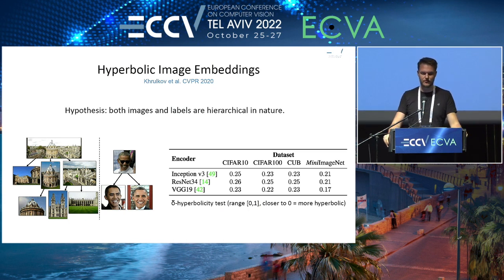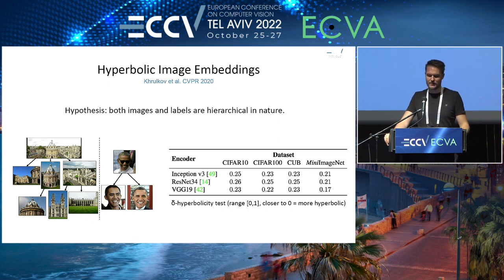On the right, you see what is called a delta hyperbolicity test. What you need to know is that the lower the number, the more hyperbolic a certain collection of elements is. They took a network that was not trained in a hyperbolic way, but Euclidean, and checked how hyperbolic it is. For all the images in the data set, they fed them into a network, so you get Euclidean representations.